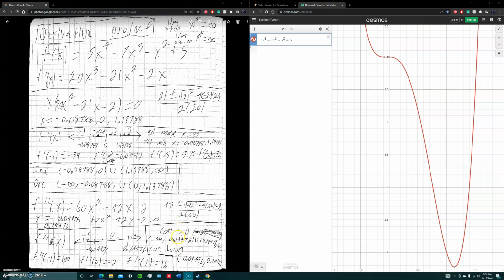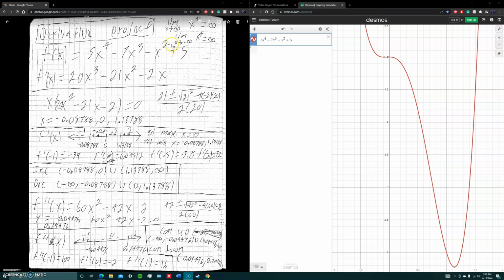This meant that the concavity was up on the intervals of negative infinity to negative 0.04476 and 0.74476 to infinity, and the concavity was down from negative 0.04476 to 0.74476.